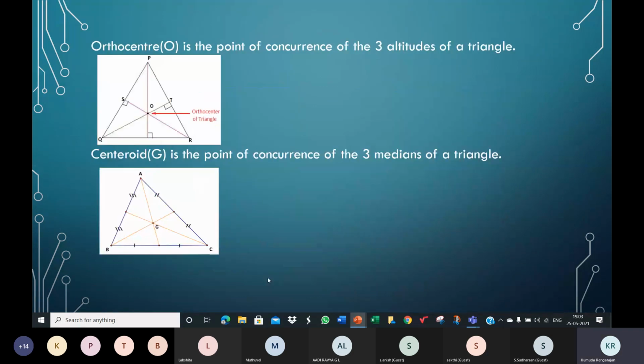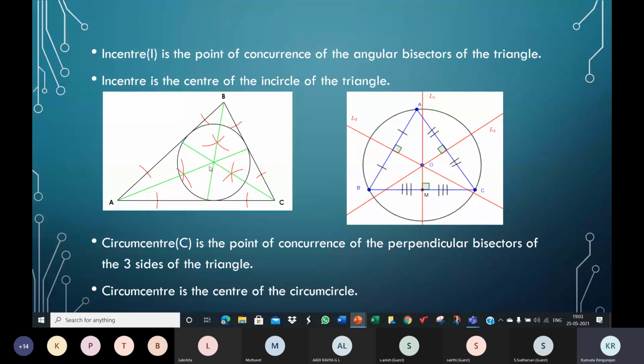When you try to perform all these activities in an equilateral triangle, you draw all three altitudes, and then you draw all three medians. Then you bisect the three angles, and you construct the perpendicular bisectors of the three sides.